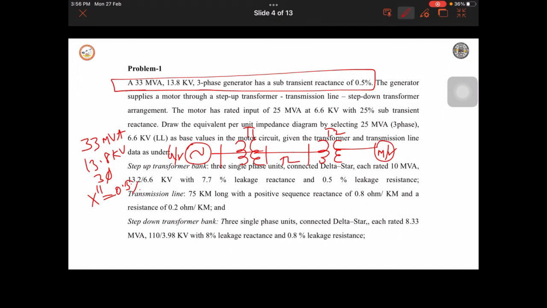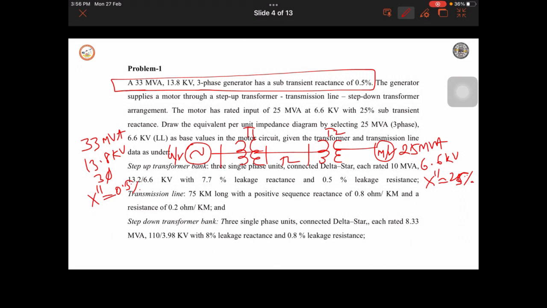Here the rating of the motor is 25 MVA, 6.6 kV, and its subtransient reactance is 25%. Draw the equivalent per unit impedance diagram by selecting 25 MVA, 6.6 kV as base values in the motor circuit.